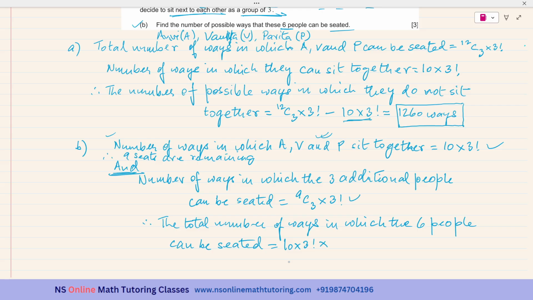And so multiplication, 9C3, again you may write this as 9P3, okay, times 3 factorial.